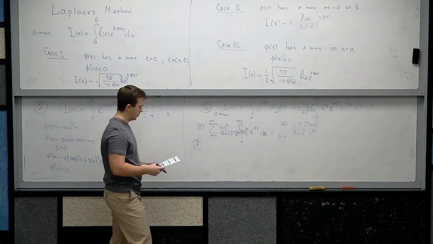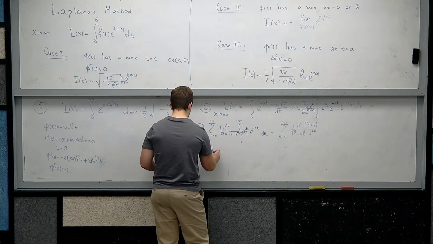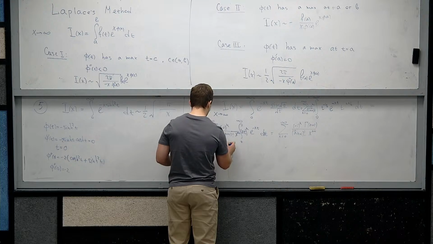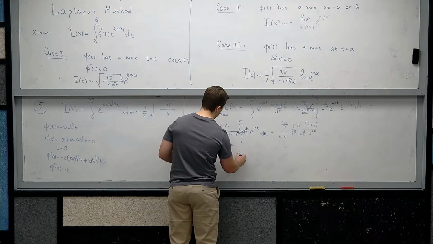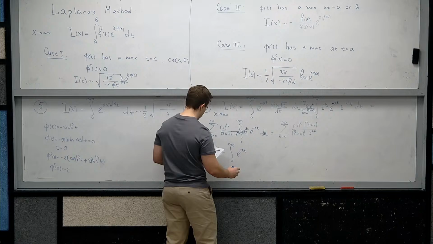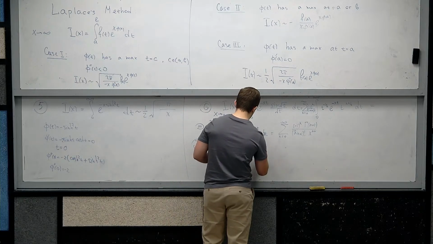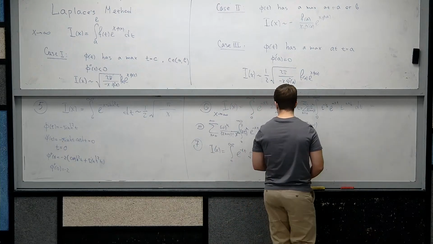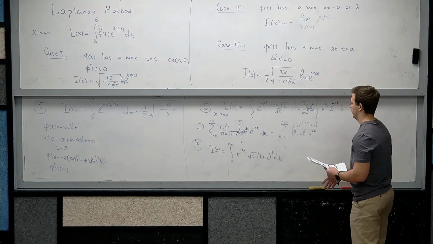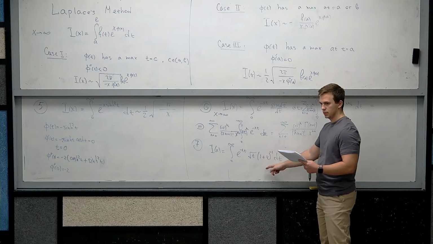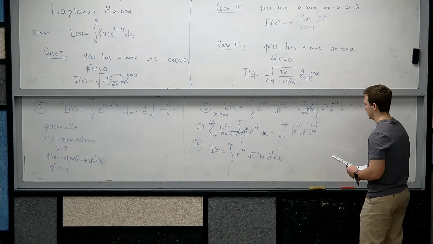Okay, the next one: the integral from 0 to infinity of e to the −xt times square root of t times (1+t)^(−1) dt. Here we'll do pretty much the same. We'll expand this. It's just a geometric series, right?